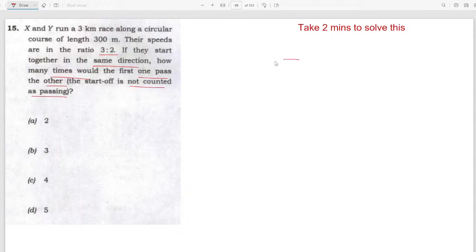So there is this circle here, and they are starting the race and the ratio of the speeds is 3:2. So since it is 3:2, I'll take the speeds as 3x and 2x.